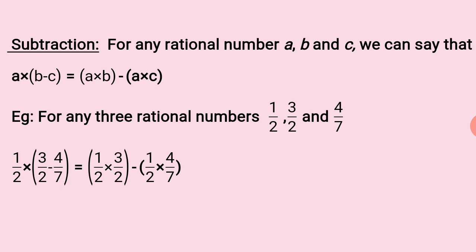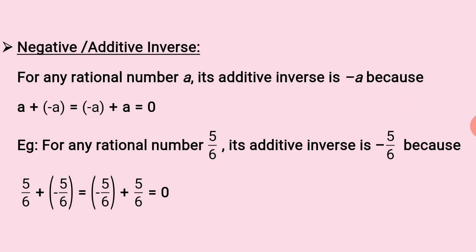Let's move to more properties. The next is negative, also known as additive inverse. Additive means we are adding something. Inverse, the opposite of it. So for any rational number a, its additive inverse is minus a, because a plus minus a, or the other way, is equal to 0.